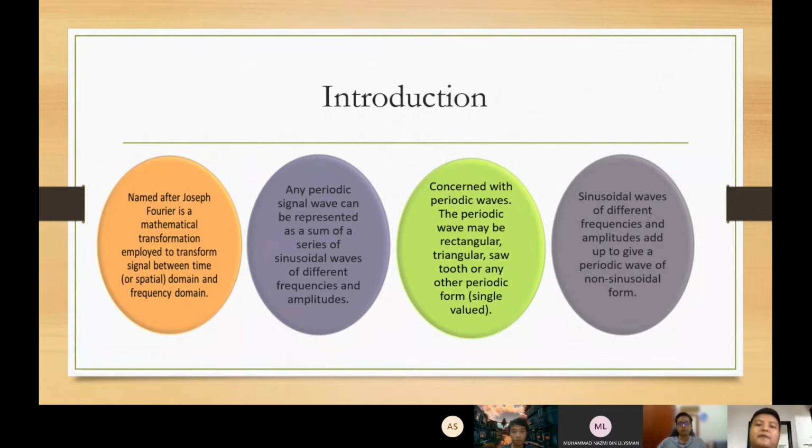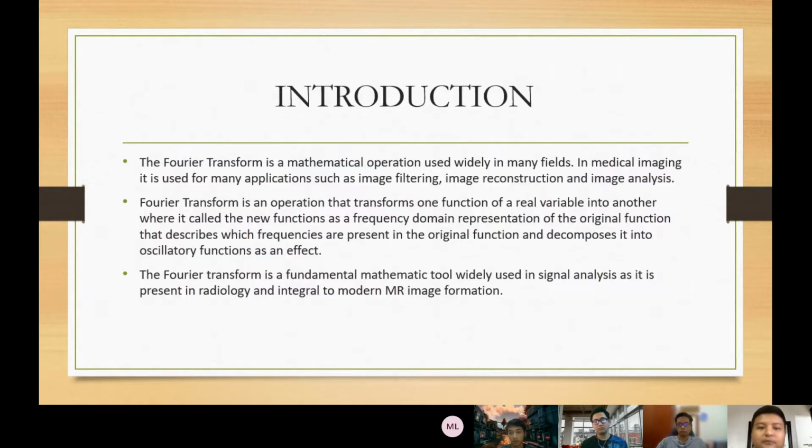The periodic wave may be rectangular, triangular, sawtooth, or any other periodic form or single value. Sinusoidal waves of different frequencies and amplitudes add to give a periodic wave of non-sinusoidal form.